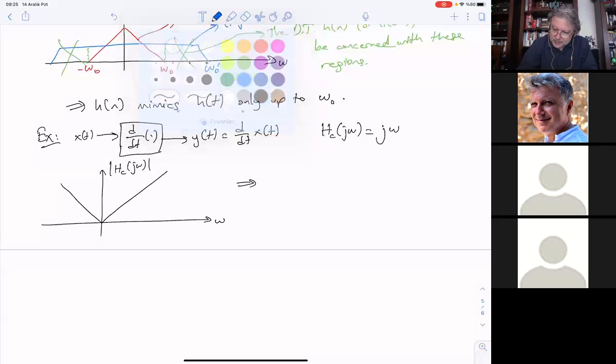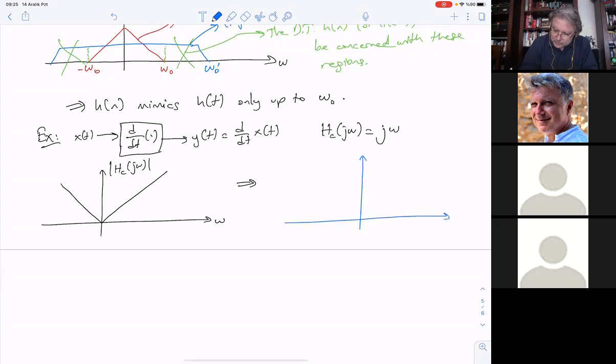Let's draw it with a different color. I'm going to denote it H(j omega). The previous one was H_c(j omega), but this one is H(j omega) in magnitude. So I dropped the C because this is the band limited version of that. And it's going to be like this.